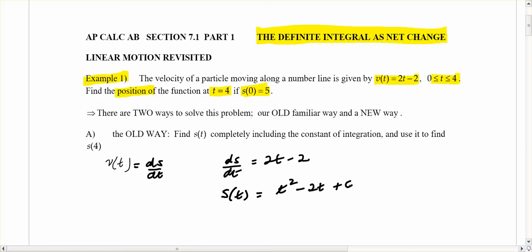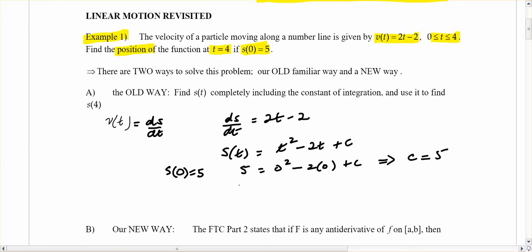We find the constant of integration by using our initial position is 5 when t is 0. So 5 is equal to 0 squared minus 2 times 0 plus c. Therefore, of course, c is going to be 5. And now we have what s of t is. s of t is t squared minus 2t plus 5.